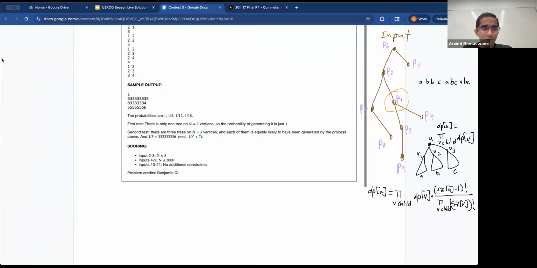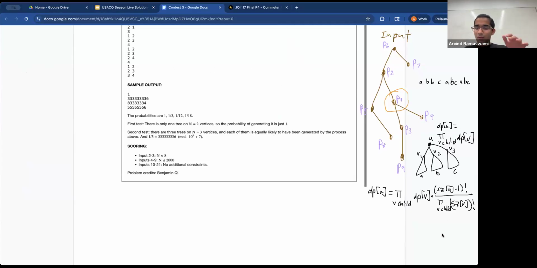In our original solution over here, we defined the DP just over the subproblem of the subtree that's rooted at U. But starting at U, we might also need to consider the stuff above it, so we need our DP to account for that.